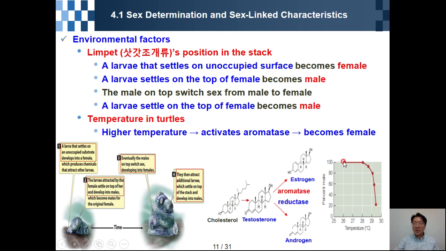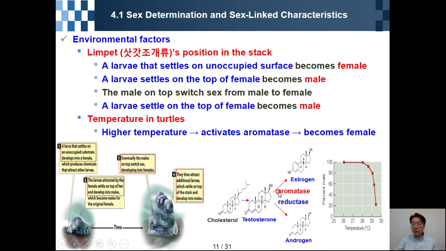When the temperature is very low, around 26, 100% are male. How about 28 centigrade? 100% are male. How about 29 centigrade? Only 80% are male, but 20% are female. How about 29.5? About 20% are male and 80% become female.